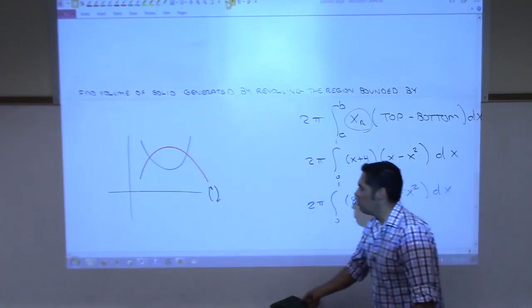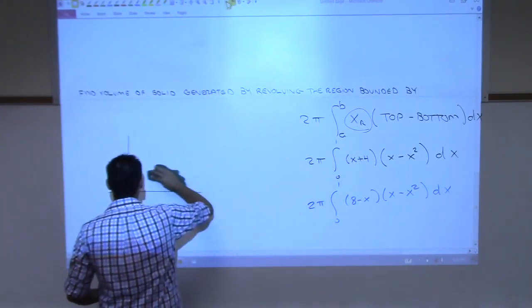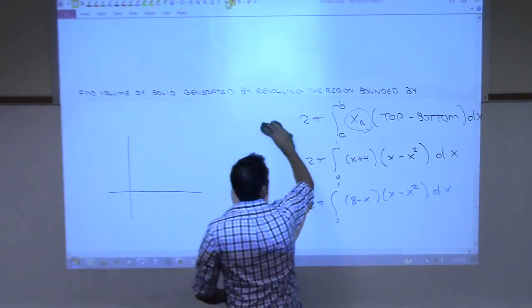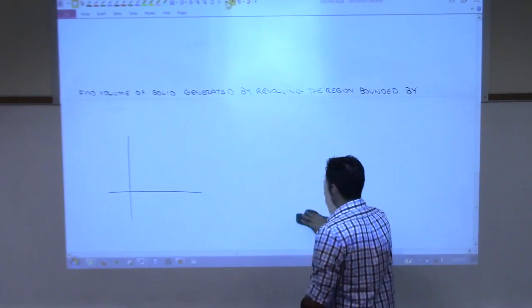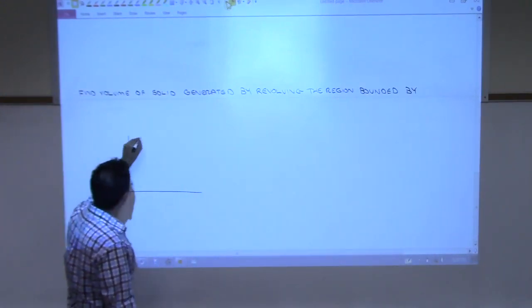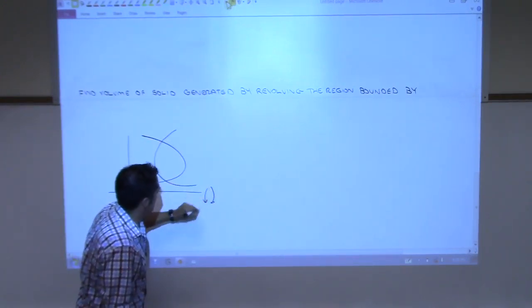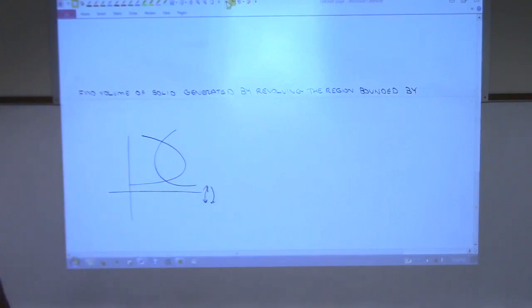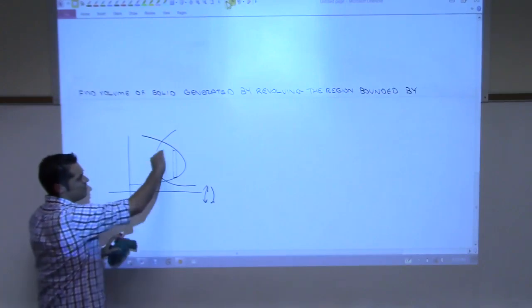So I wanted to do a problem that would hopefully sell you on the idea of shells. No, shells can go both ways. Let me give you an example. If I did like this region around the x-axis, that around the x-axis. You wouldn't want to do washers, because if I do washers, notice that you have the same function.